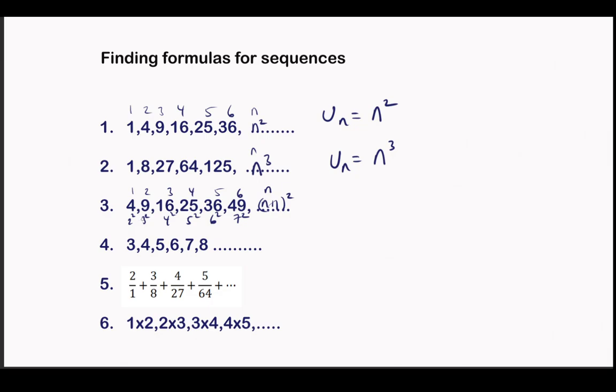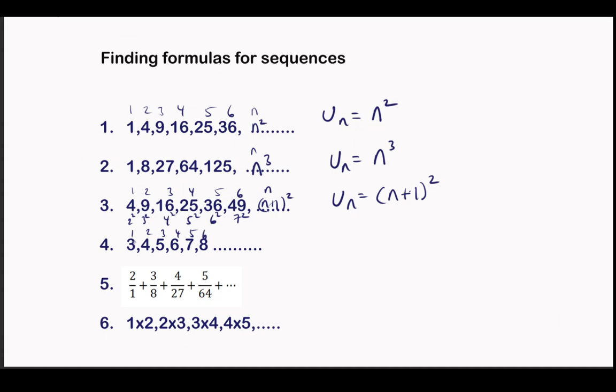You see all of these numbers are just 1 bigger than the term numbers and then squared. So in this case the formula would be n plus 1 and then square that number, and you can see it works. Okay, similarly for this one, 3, 4, 5, 6, 7, first number has to be 3, second number, third number, fourth number, fifth number, sixth number.